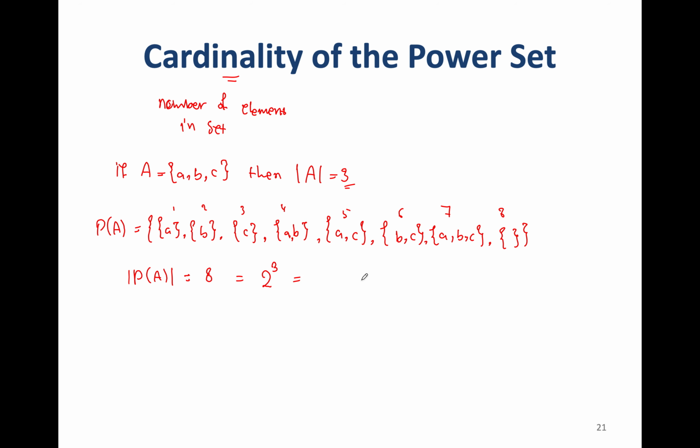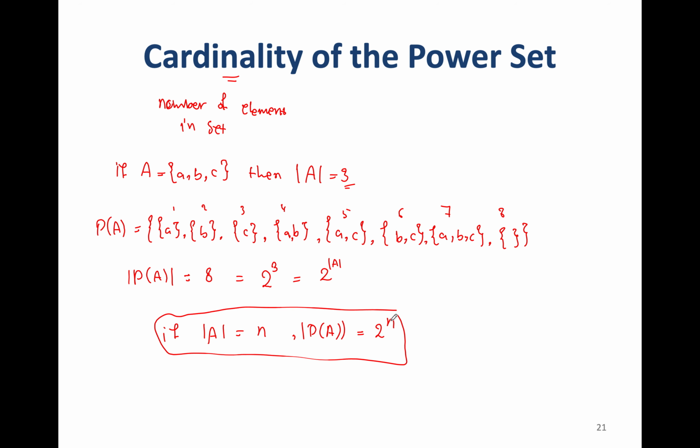So the cardinality of our power set is equal to 2 to the cardinality of the set itself. Again, if the cardinality of A is equal to n, then the cardinality of the power set is equal to 2 to the power n. And this is our rule.